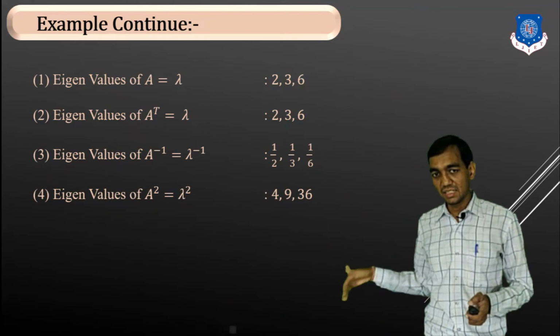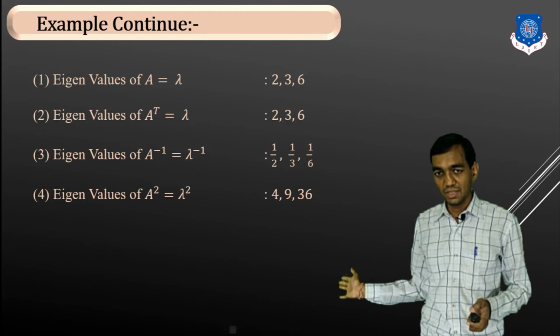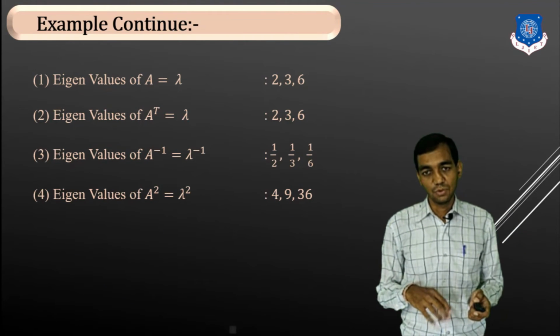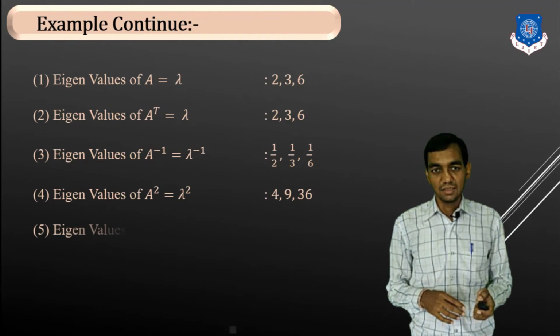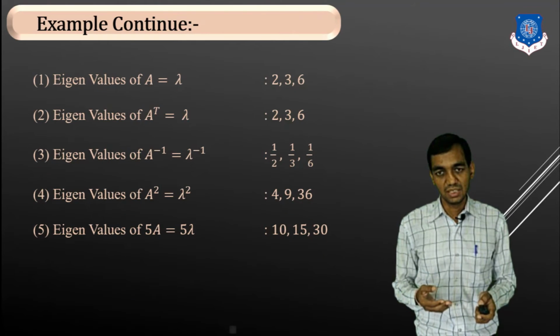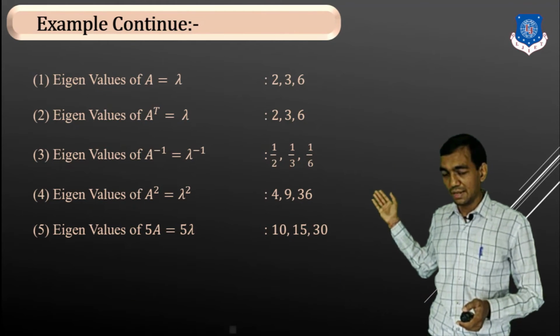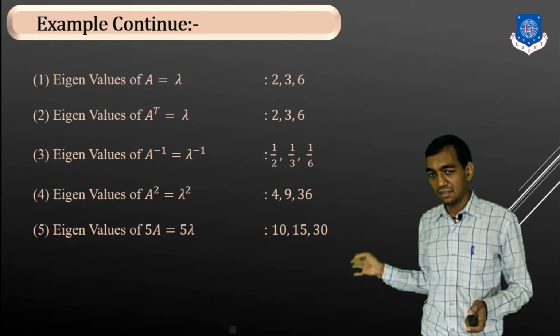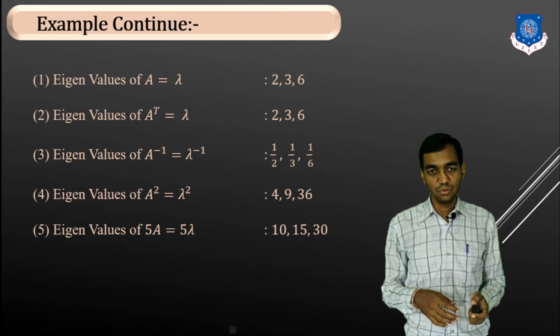In the same manner, A square has the eigenvalue lambda square. That means you have the values 4, 9 and 36 for A square. In the same manner, 5 into A has the eigenvalue 5 lambda. That means we multiply lambda by 5. So that will give you the eigenvalues 10, 15 and 30 for the 5 into A matrix.